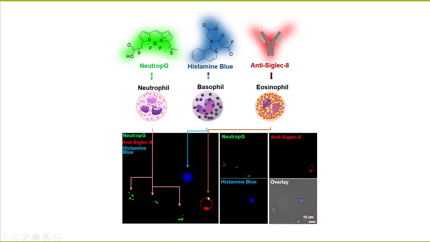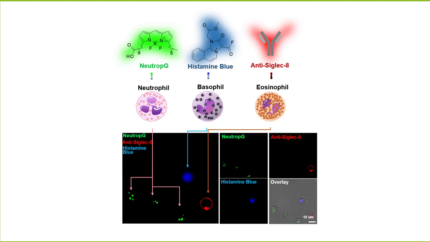Even though the staining pattern is a little different, by collecting these cells together it looks like not a big deal, but these cells are still alive. And this is the first demonstration that three live cell types could be recognized with one set of probes.